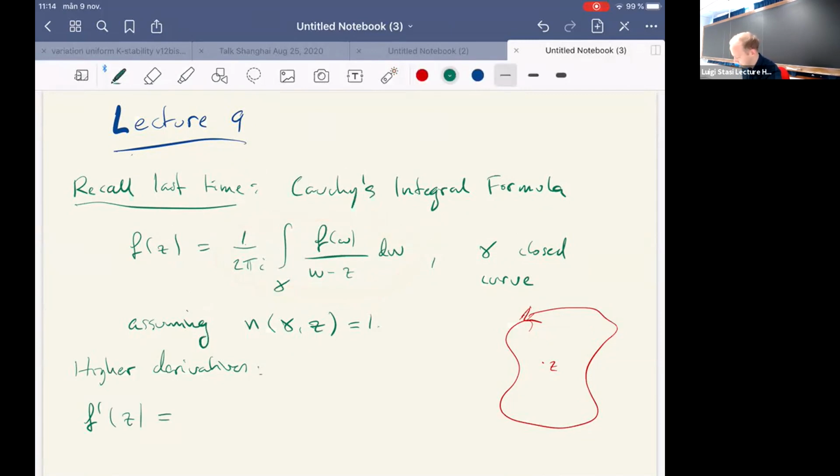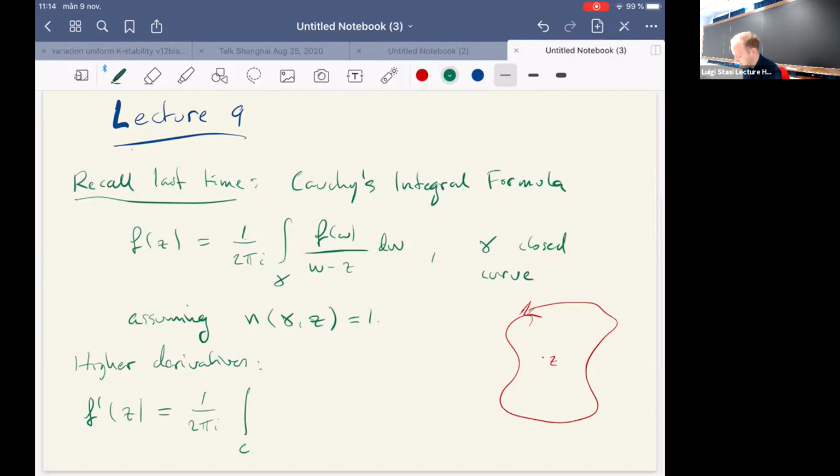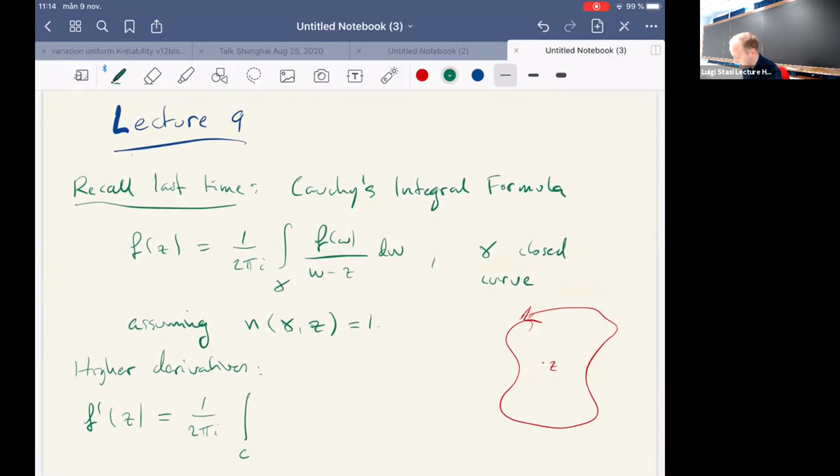So you would get f prime of z equal to 1 over 2 pi i integral, and now we can take c here to be the circle, winding exactly once around z, of f of w over w minus z squared dw, and so on.